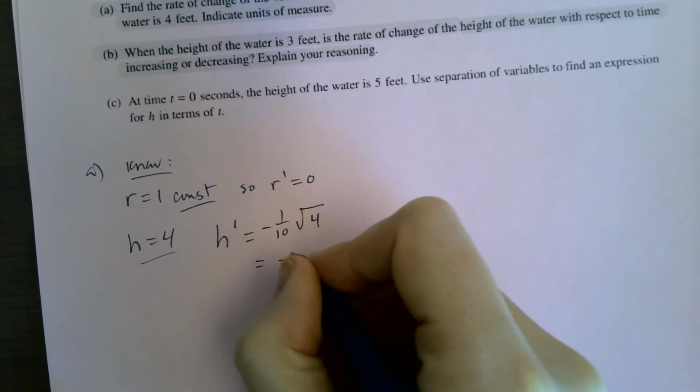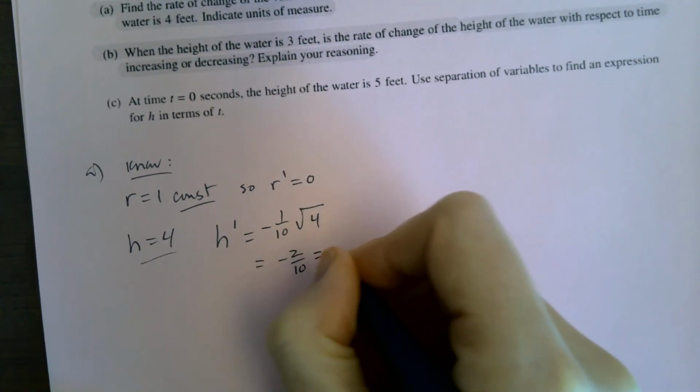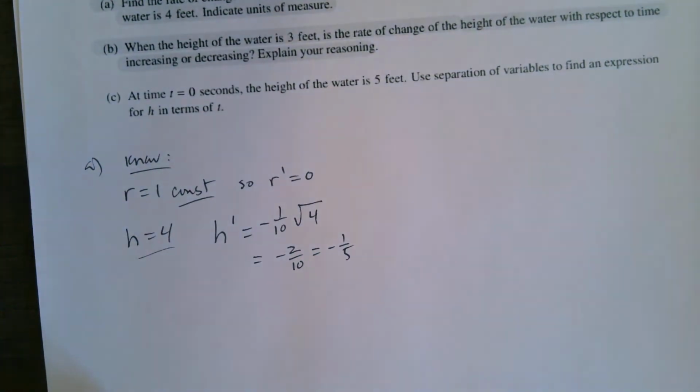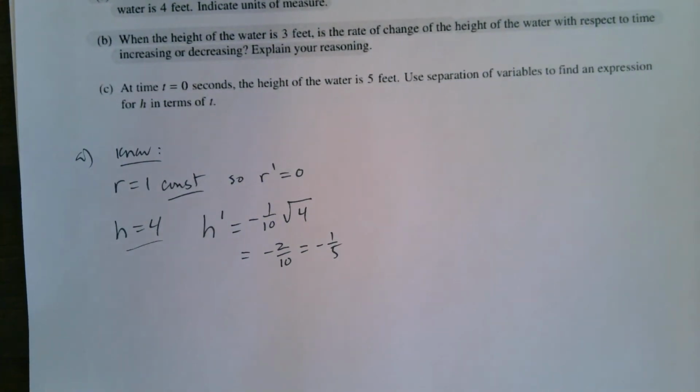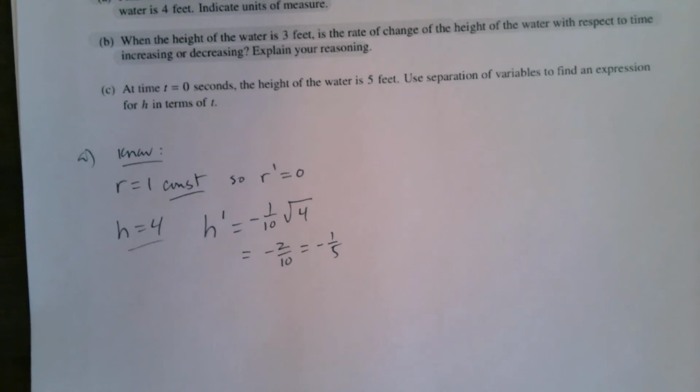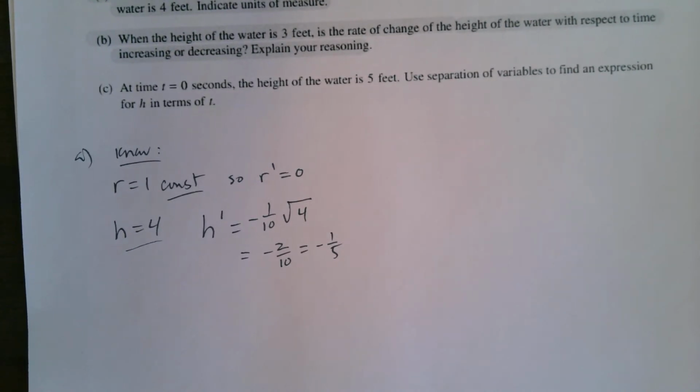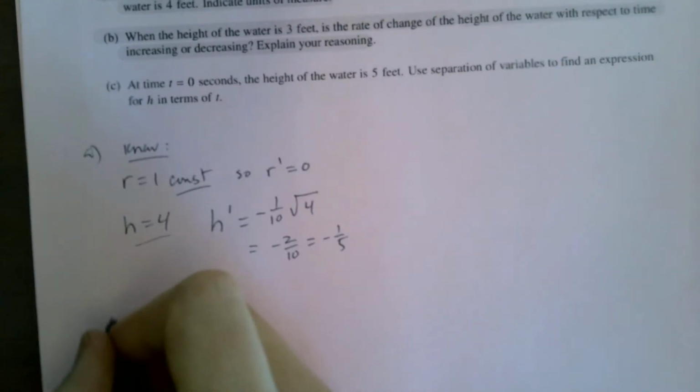So this is -2/10. That's -1/5. Okay, so these are the things that we either know or can surmise from the information that they gave us.